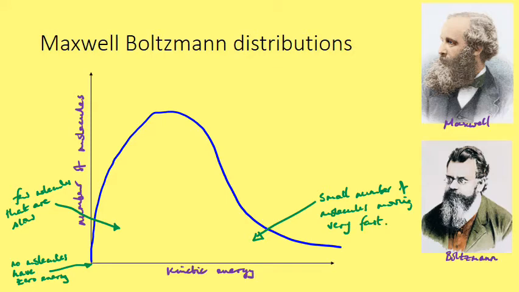And if they're moving very fast, of course, they have a high amount of kinetic energy. But then, of course, most of the molecules have a medium amount of kinetic energy or are moving at medium speeds.